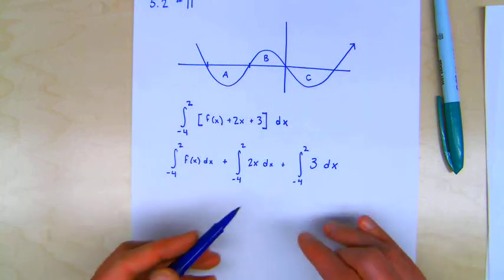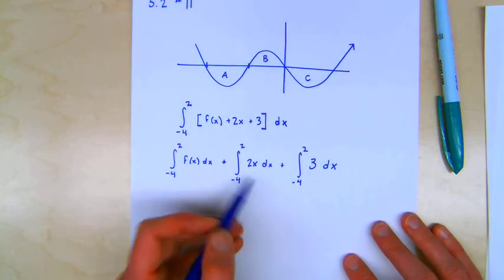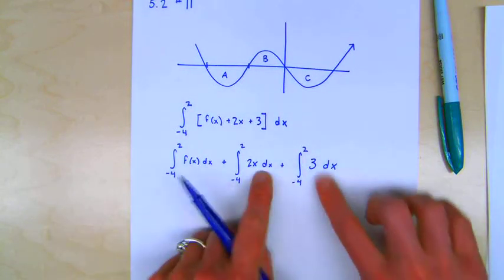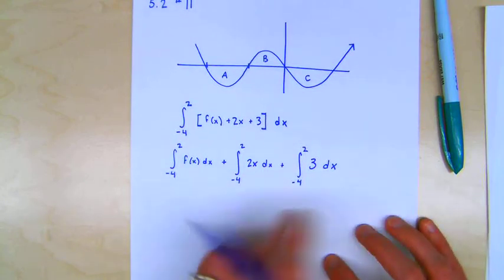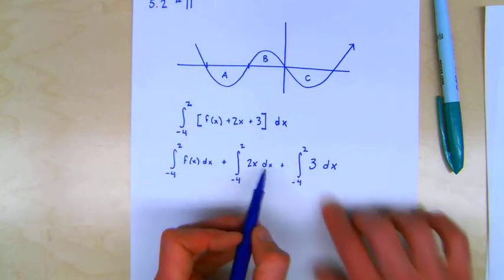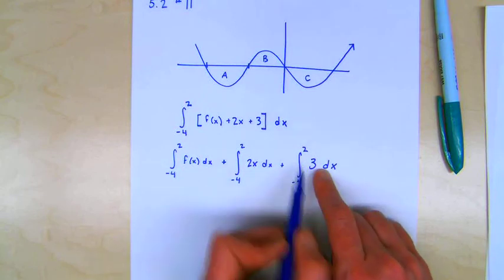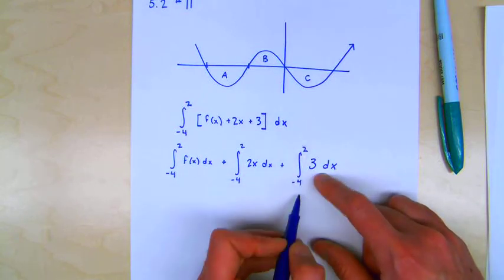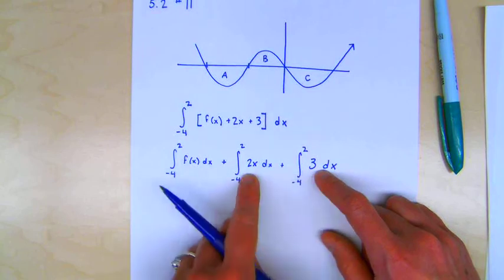And we've actually already talked about antiderivatives, and so we could do some analytic methods to solve these, but we could solve these pieces also by just drawing a picture of each of these, and we could find the areas for each of these.